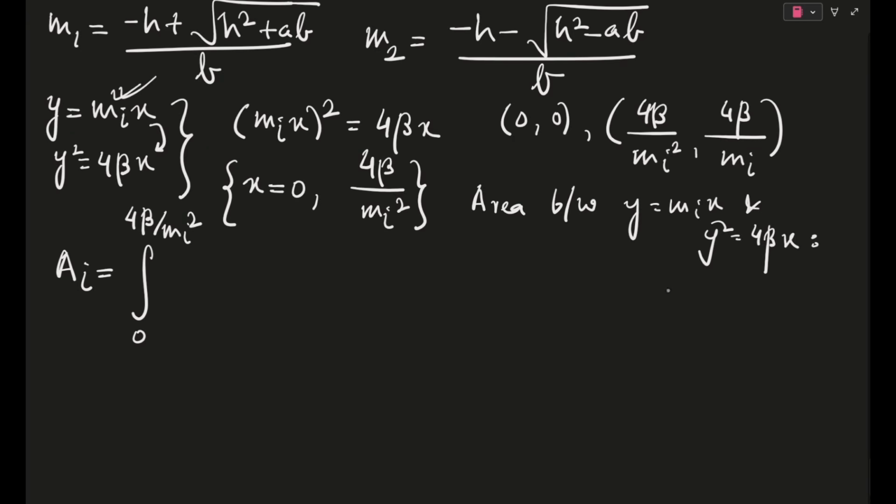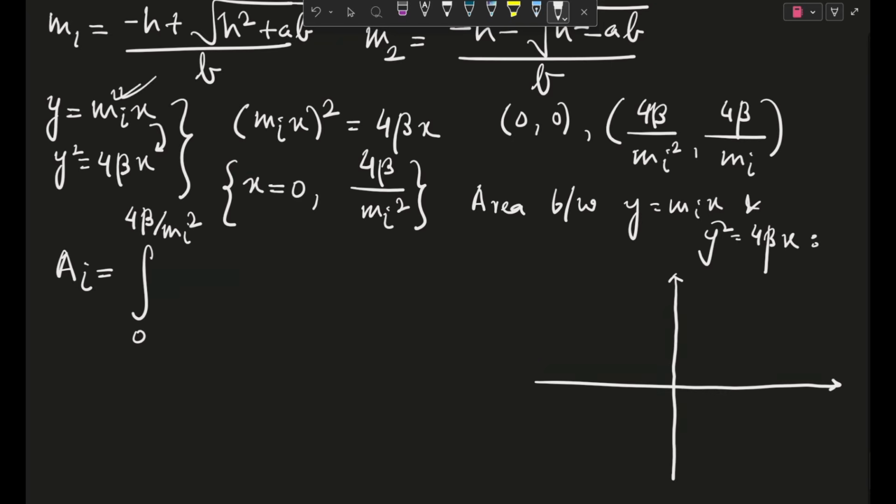And if I do a little bit of graphing here on the side, this is pretty obvious I guess, but still I will do it. If we draw the graph, y square equal to 4bx will be something like this, and obviously the straight line will be passing something like this.